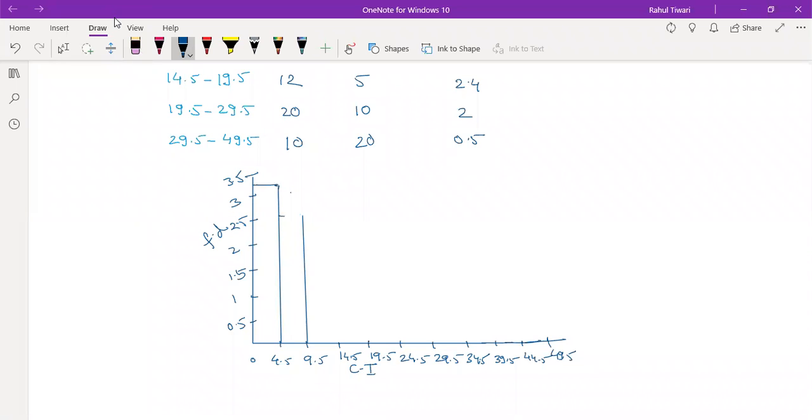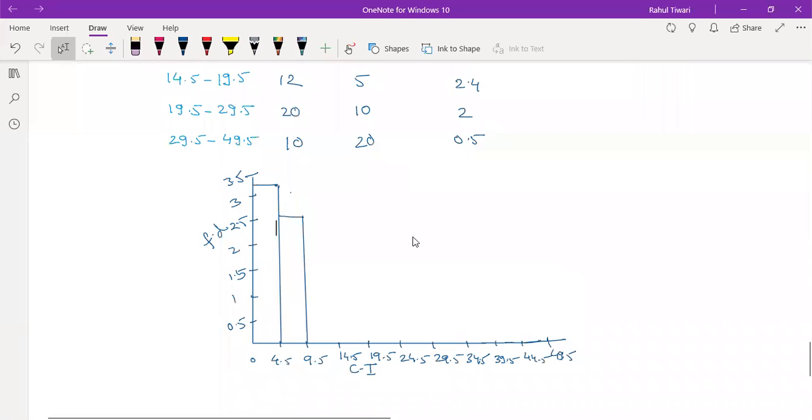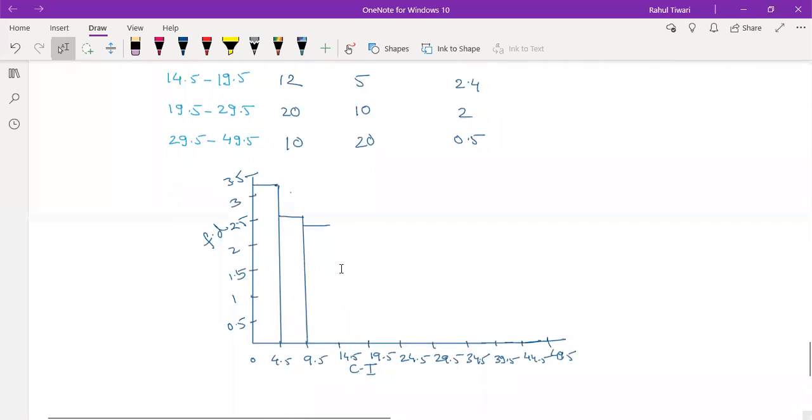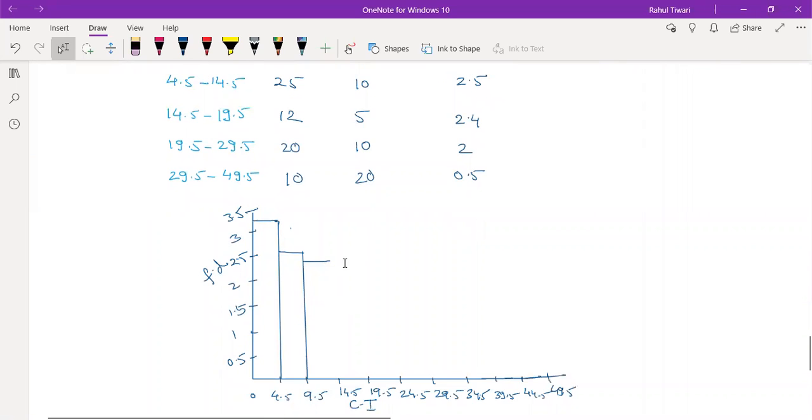Similarly, sorry, 2.5. Then 2.4. I'll take approximate here until 4. Now see, if you look at the interval, sorry, I did set the width. So this is 4.5 to 14.5. That means still here.